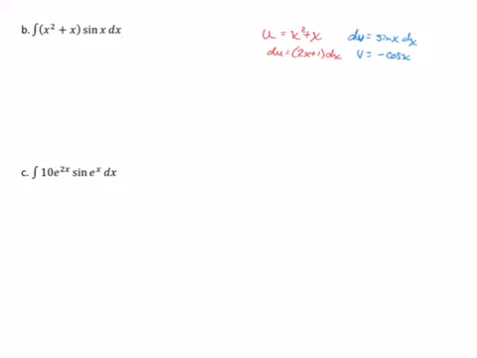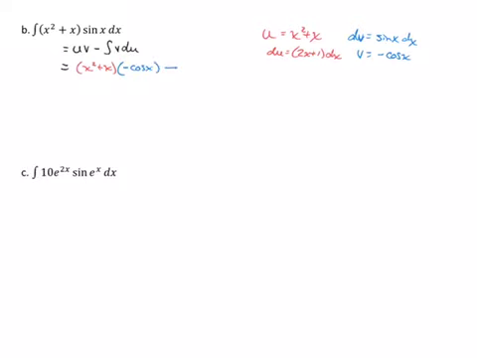It's time to use our formula. It is u times v minus the integral of v du. So our u, we said, was x squared plus x. V is negative cosine of x. Now make sure you put parentheses around that, otherwise it's going to look like minus cosine of x.